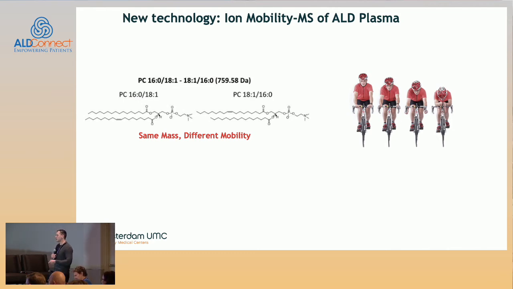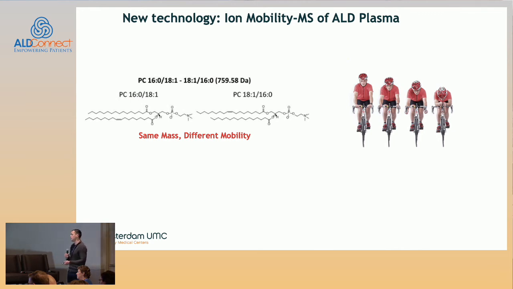And we are actually able to separate these compounds based on their mobility. And mobility, you can compare this with how aerodynamic you are when you're sitting on a bicycle. So these are different bicyclists, and they either sit up or they sit down. And if you go biking with a strong wind, you will really notice that you go with different speeds depending on if you sit up or down.